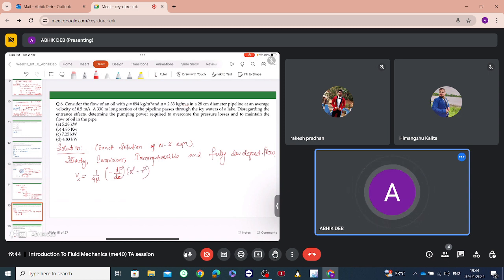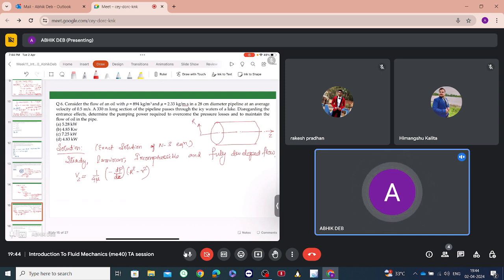So like this is the pipeline. Okay, this is the center line, and this is the direction of z. This is the direction of r.